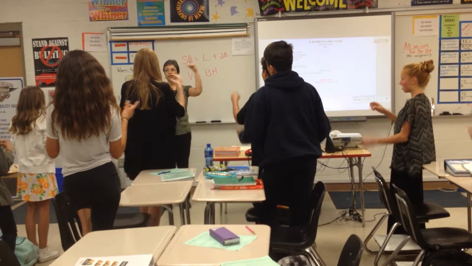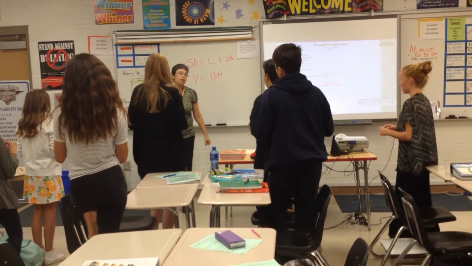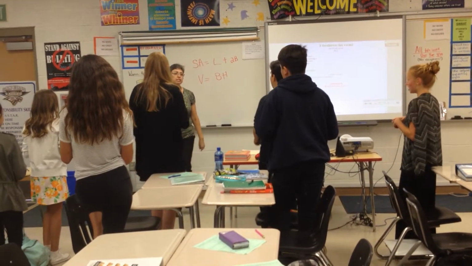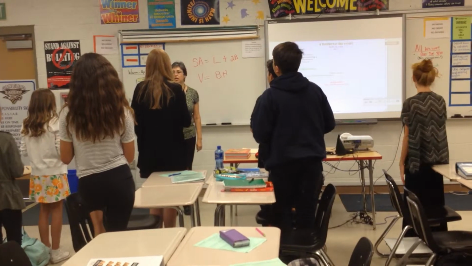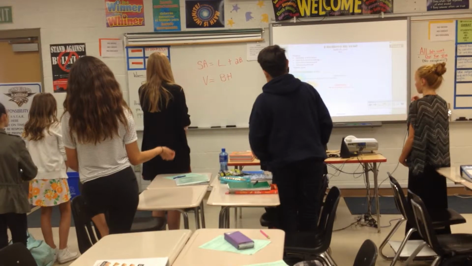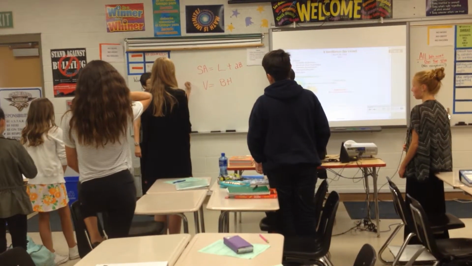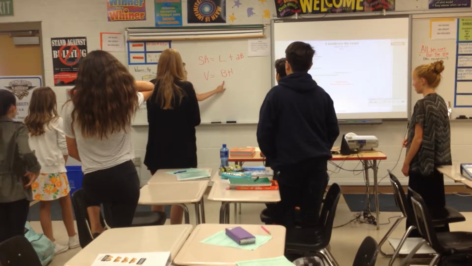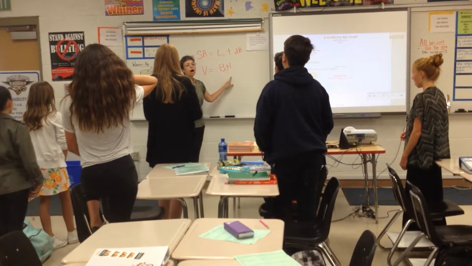It's all about the base. Base times height. It's all about the base. Half base times height. It's all about the base. Pi r squared. 1, 2, 3, 4. Tell me what you're looking for. Volume, volume. Base times height.